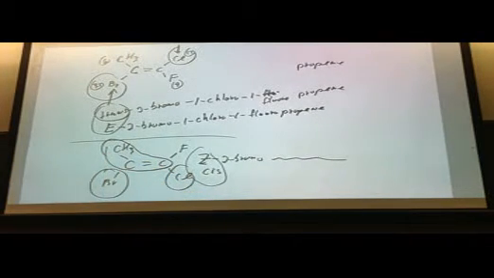See, it's a 3-carbon chain. I just want to stick something out there. So you always find the longest continuous chain that has the carbon-carbon double bond. That's your backbone.